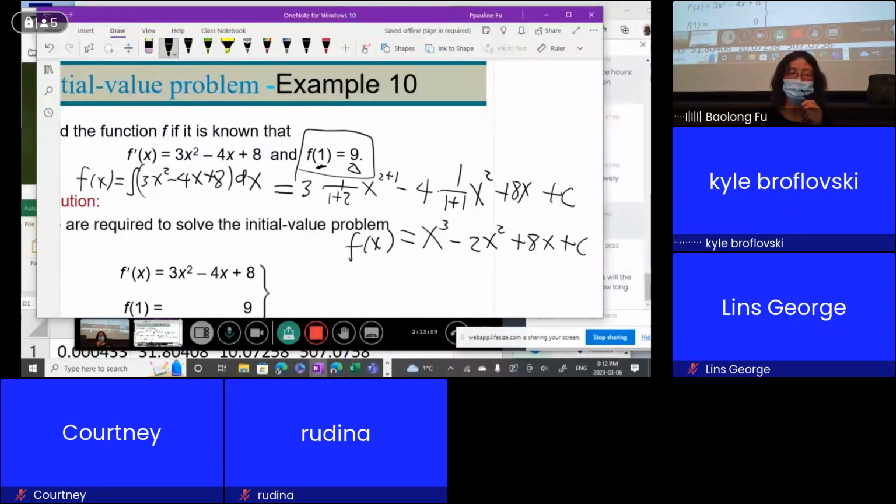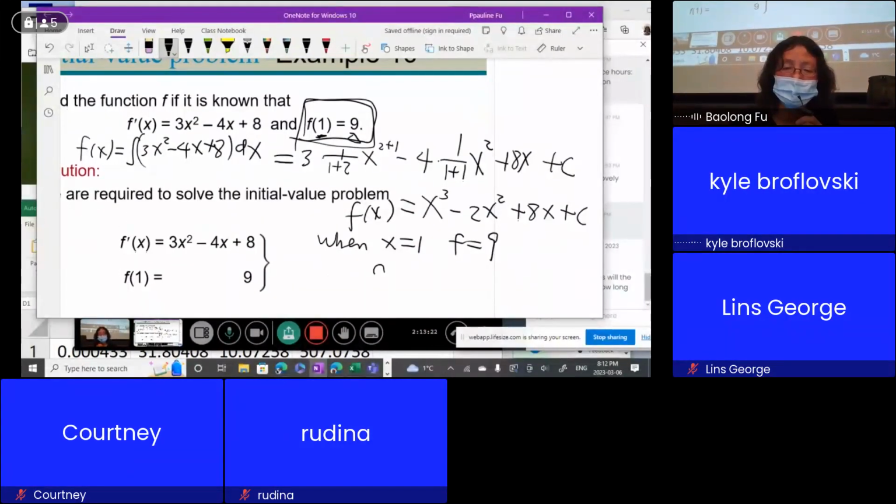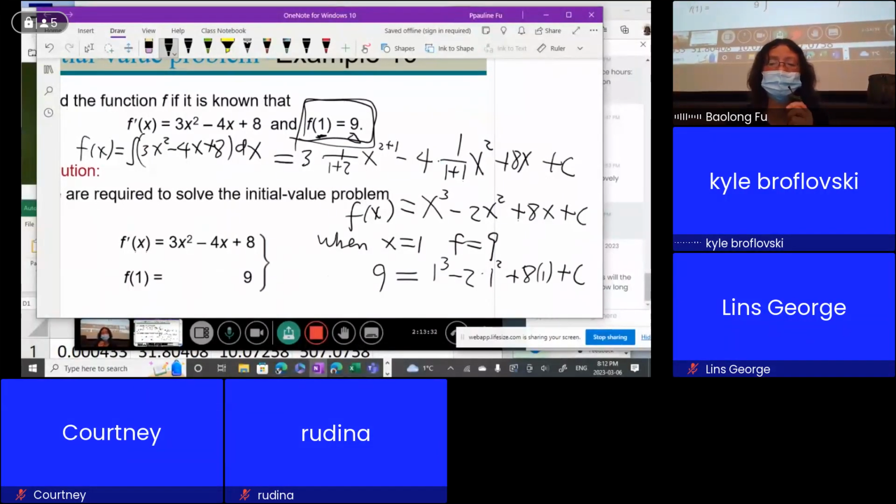Once you found this f of x, use the initial condition here. When x equal to 1, f equal to 9, this is given. So the left-hand side is 9, plug in x is 1: 1 cubed minus 2 times 1 squared plus 8 times 1 plus c. Solve for c.